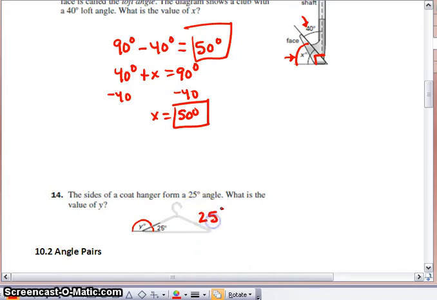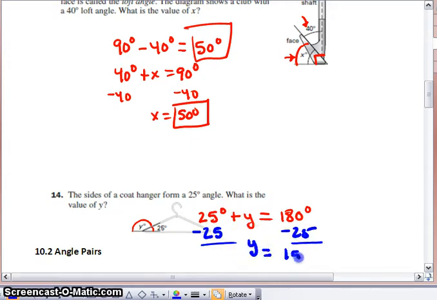So if I take 25 degrees and add y to it, I'm going to get 180 degrees. Again, I can undo my addition by subtracting. Over here, I'm left with y. And over here, I'm left with 155 degrees. So y's angle is 155 degrees.